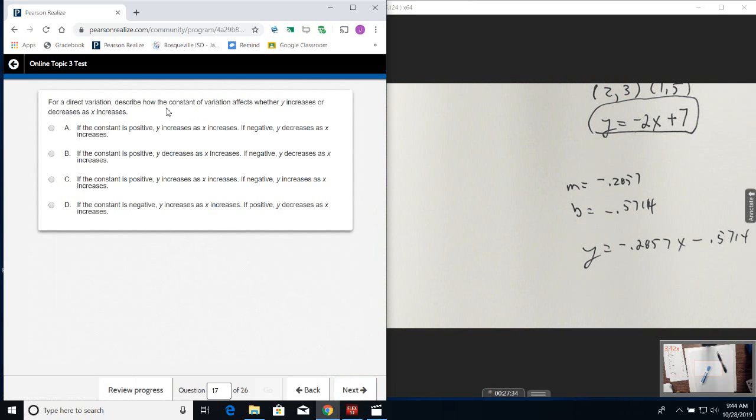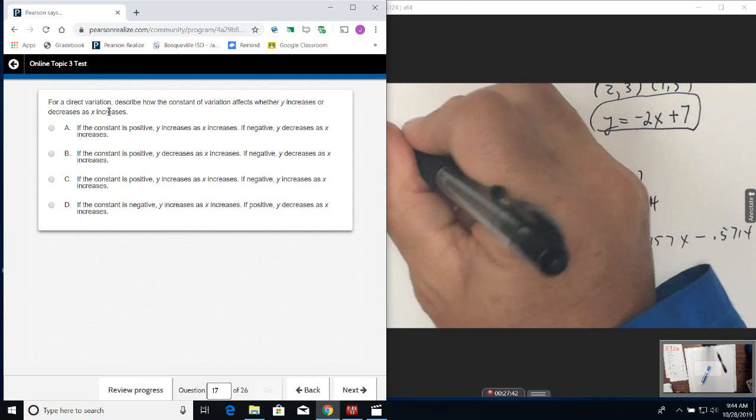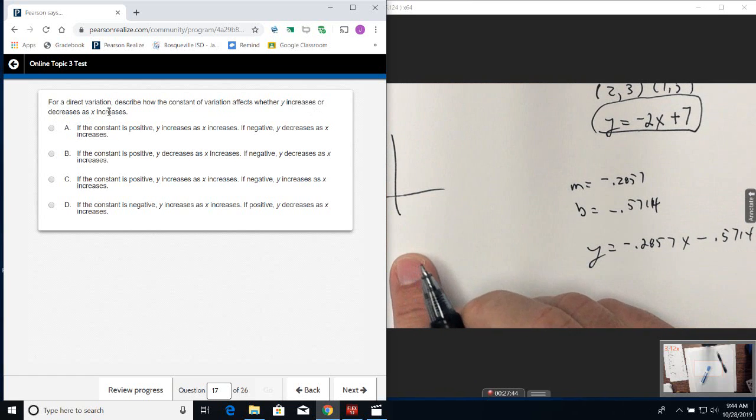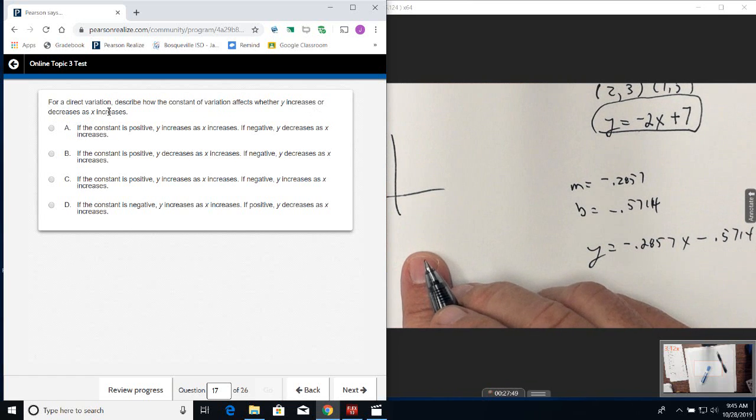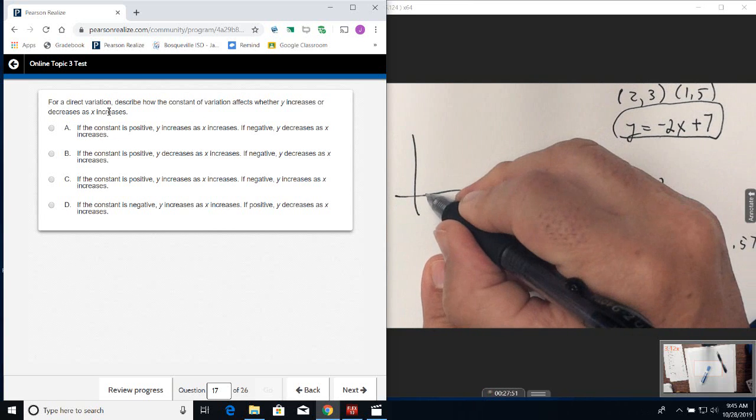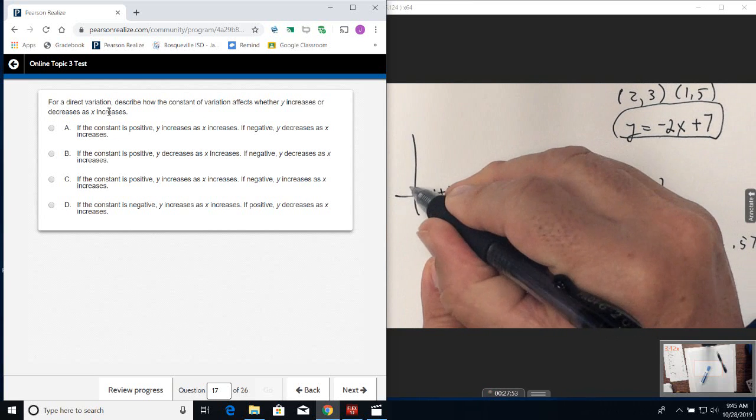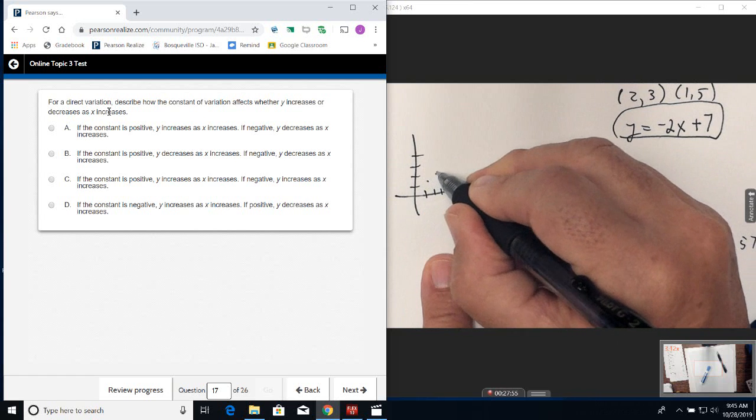For a direct variation, describe how the constant of variation affects whether y increases or decreases as x is increasing. Okay, so what this is saying is this. If the constant of variation affects whether the y is increasing or decreasing as x increases. So look, if my x increases and my y increases, what type of a function am I having?